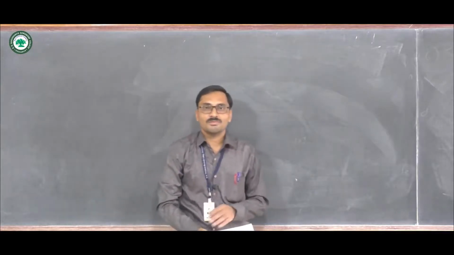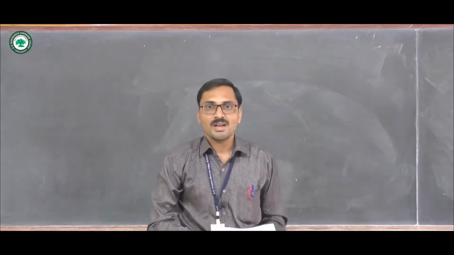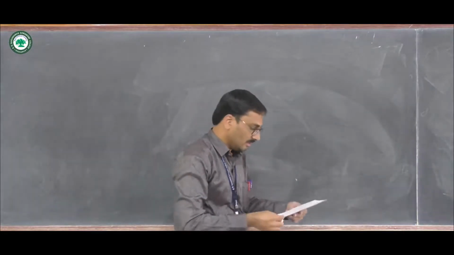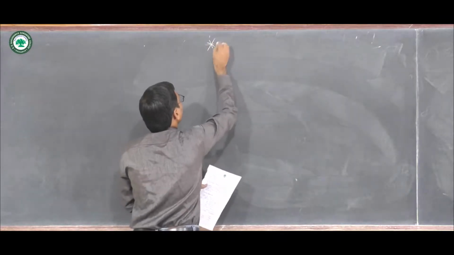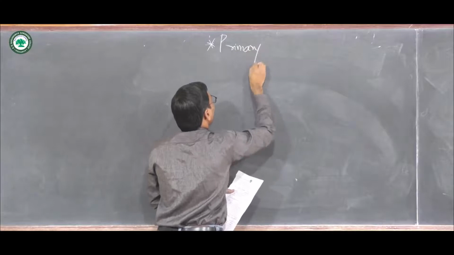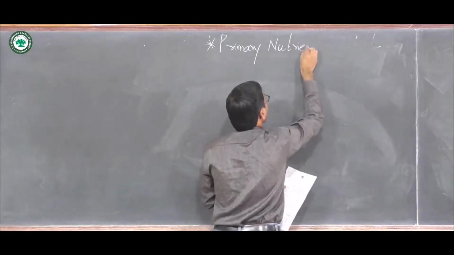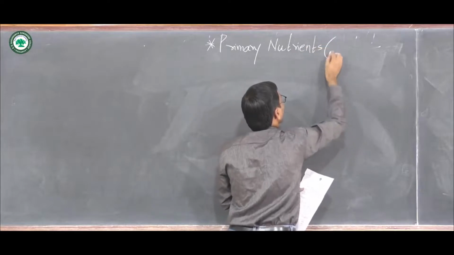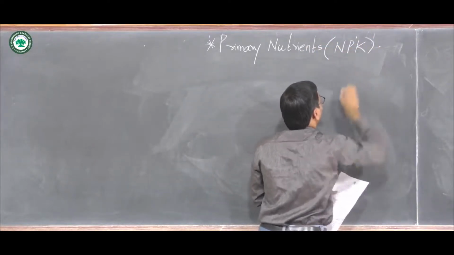Now we will see, one by one, the elements which are required for the plant. We will start with primary nutrients, that is NPK.